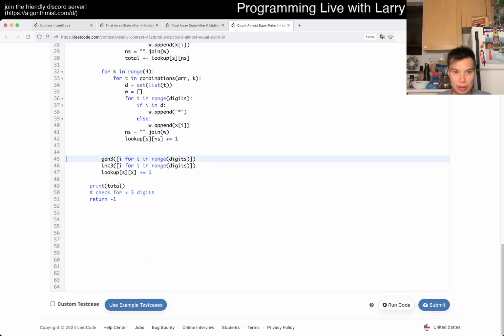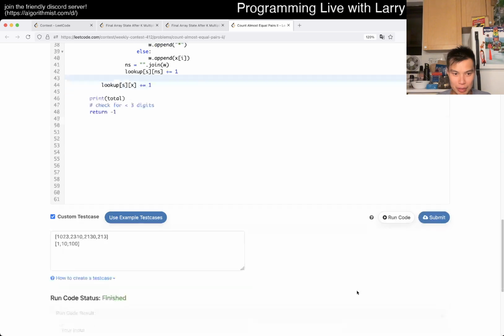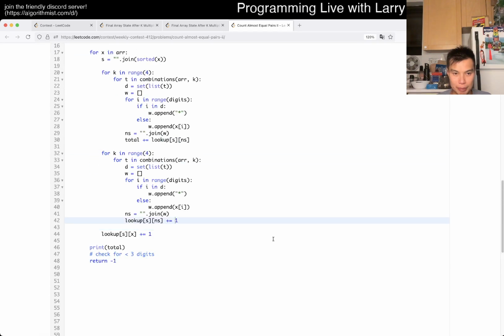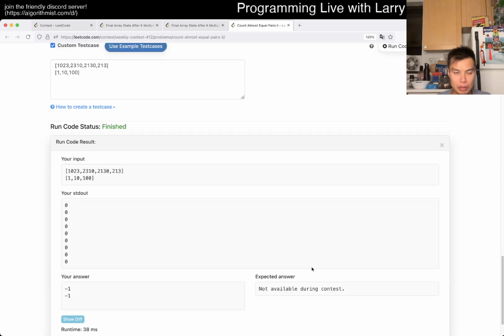Honestly, maybe I shouldn't have deleted so much code. At least save it somewhere else. But why is it 0 though?